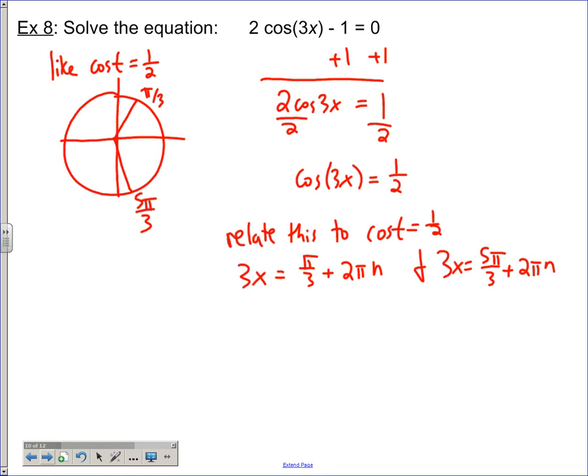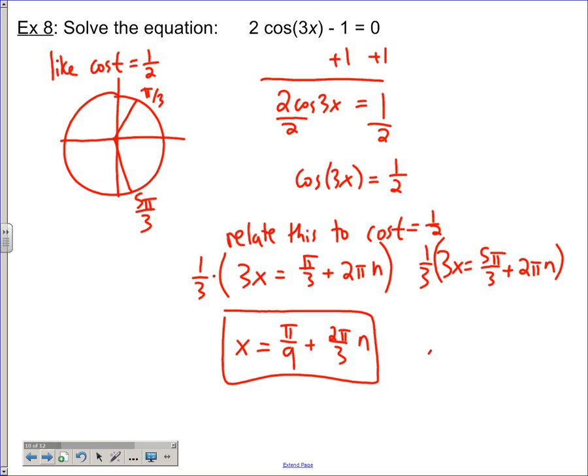Now we're trying to solve for x at the end of the day, so I take this full equation, and I get rid of the 3 on the x by multiplying everything by 1/3. So our first answer would be x equals, we distribute the 1/3, we get pi over 9 plus 2 pi over 3n.